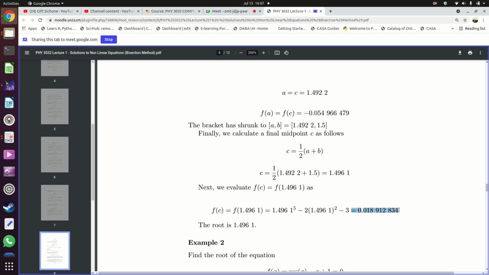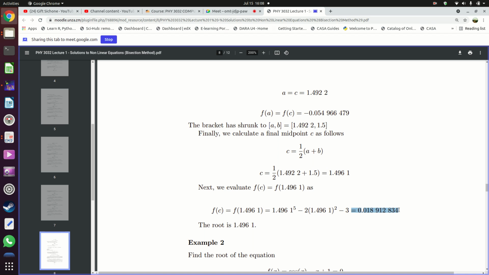Now, the other thing I want to point out, as you can see, we have spent the whole lecture doing this same method. So during the test or during an exam, I'll tell you to work out only maybe 3 midpoints or 4 midpoints, because right now we have about 8 midpoints.